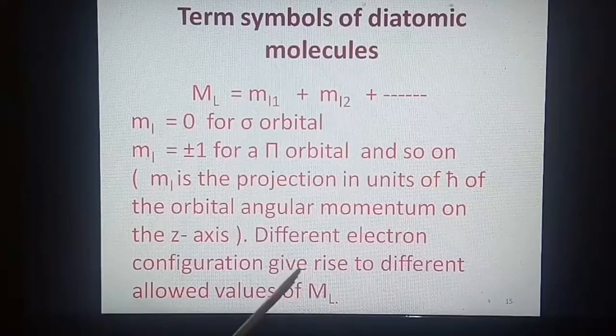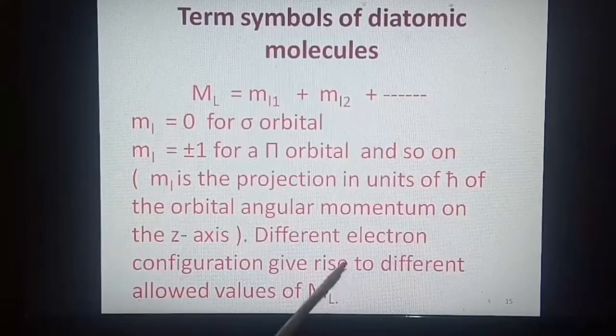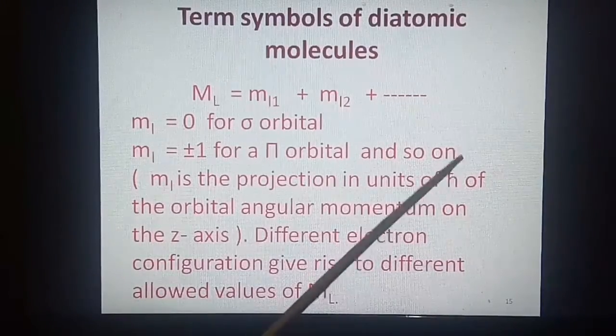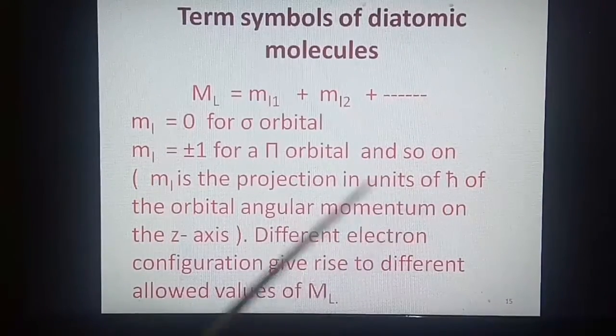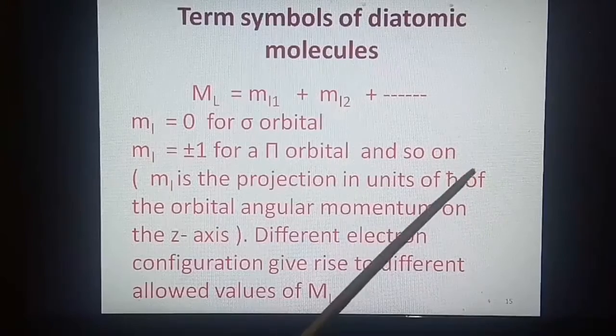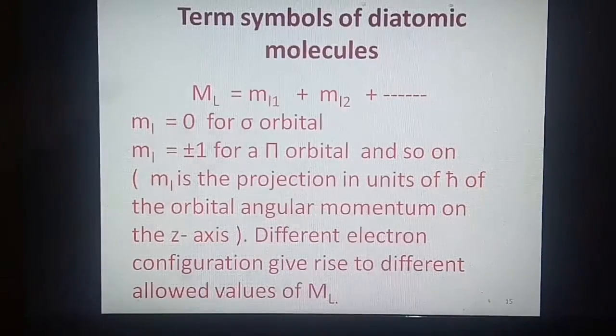Different electron configurations give rise to different allowed values of M_L. This h bar is equal to h upon 2 pi, where h is the Planck's constant, but here h bar is known as the reduced Planck's constant.